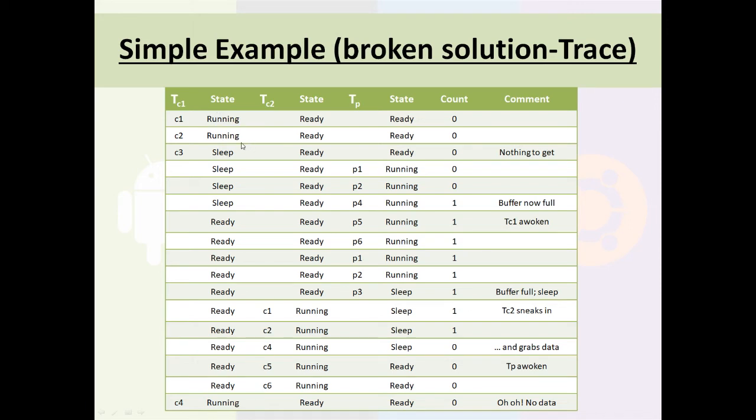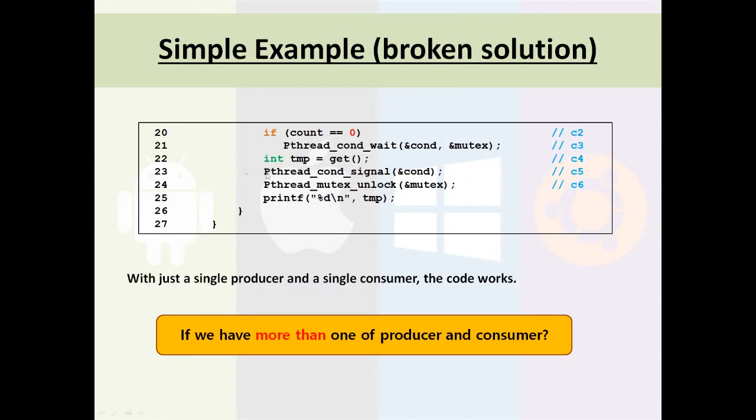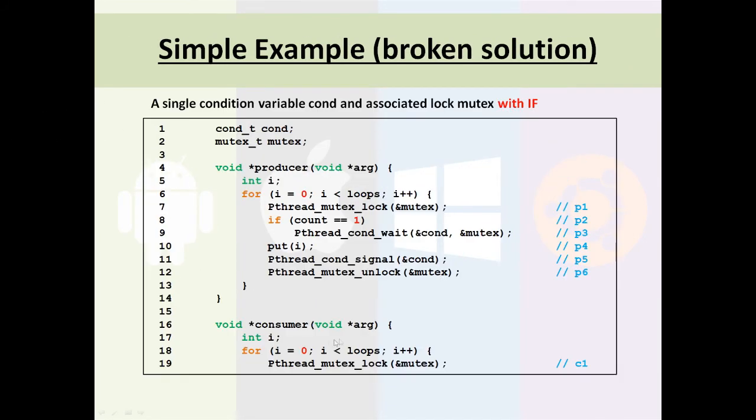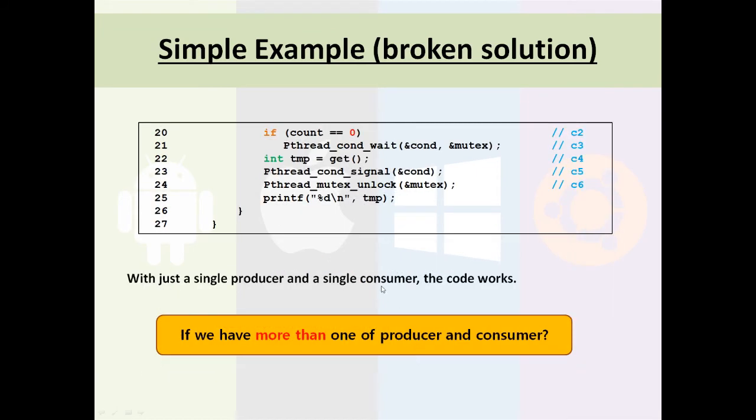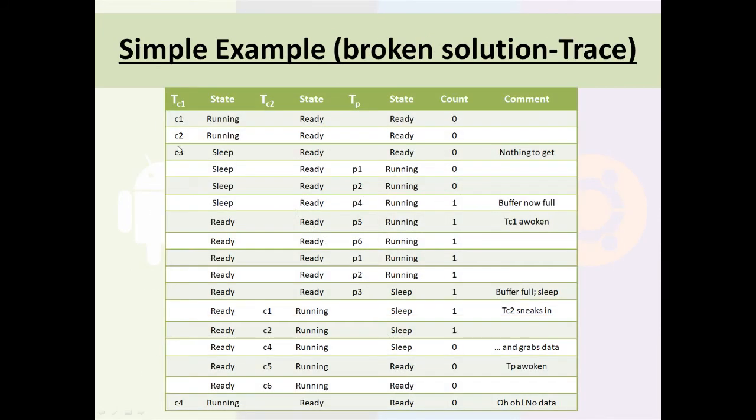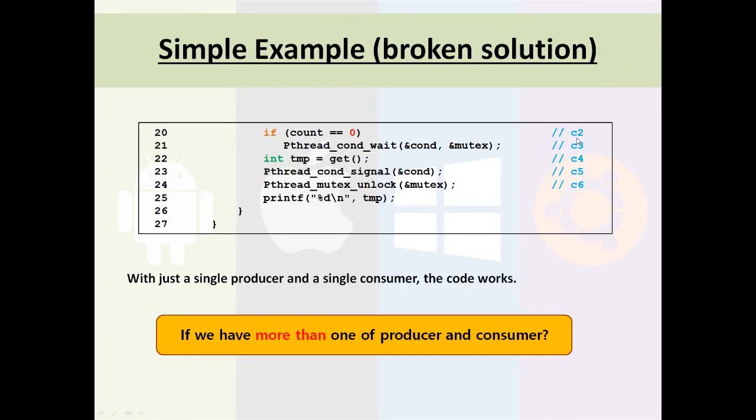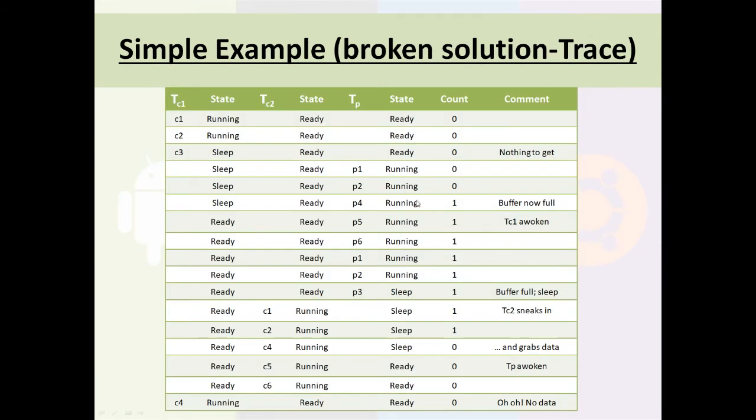In this example, first the consumer TC1 runs. Hypothetically, TC1 is the first process to be running. If you go back to the code, at C1 it acquires the lock. These labels indicate the lines they correspond with, just in case you're confused. So firstly, TC1 acquires a lock.